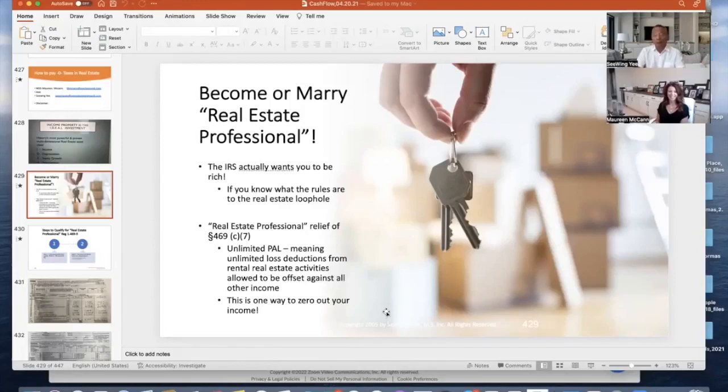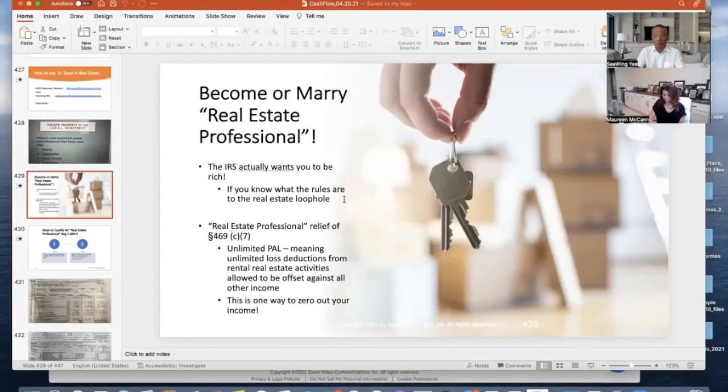Anyway, by the way, when I say real estate professional, I'm not saying you have to be a licensed realtor. I'm not saying you have to take a real estate test. Any real estate investor can become a quote unquote real estate professional from a tax status point of view, because the IRS actually wants you to be rich.